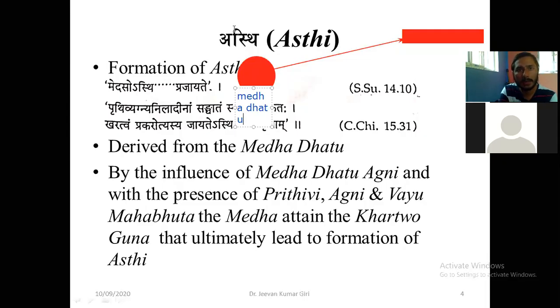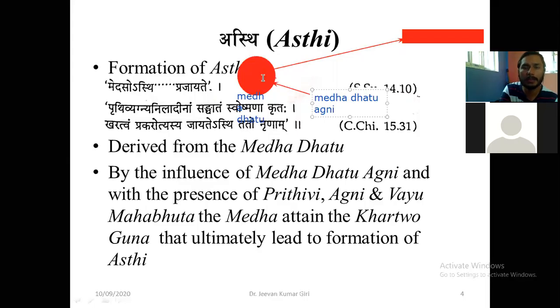The Meda Dhatu Agni absorbs the moisture content of the Meda and the Khara Guna, the rough Guna of the Meda, will arise. So the Meda Dhatu Agni acts upon the Meda Dhatu, then the Kharatva Guna will increase.